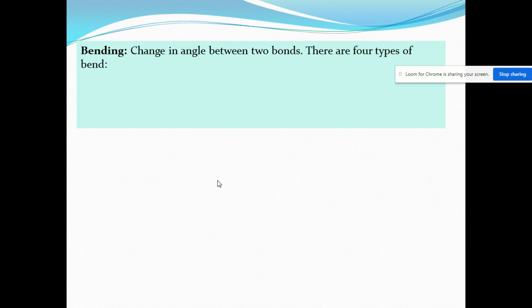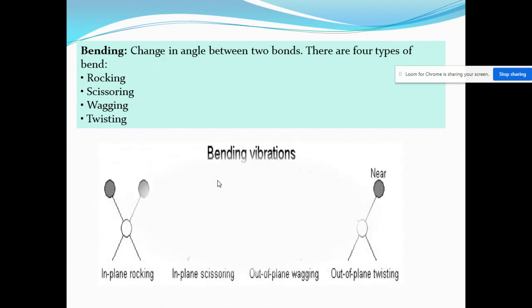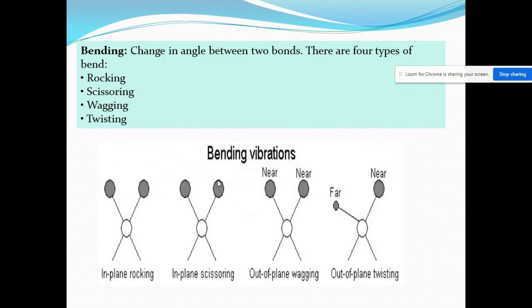Now, coming to the point bending. What occurs in bending? Change in angle between two atoms. These are of four types: rocking, scissoring, wagging, and twisting.